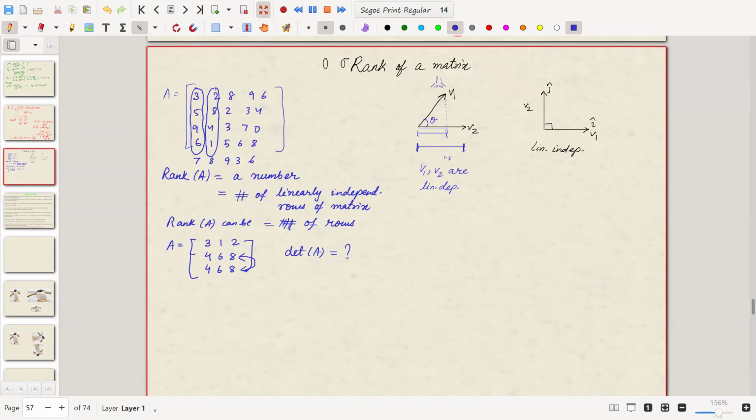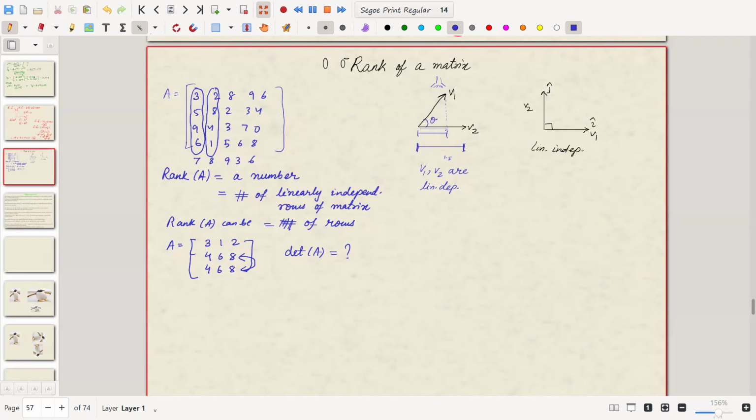Here the rank cannot be 3. The maximum value can be 3, but the actual value of the rank cannot be 3 because the two vectors are linearly dependent. Rank is the number of linearly independent rows, so the number of linearly independent rows cannot be 3 here, right? Because the two are already dependent. So it should be less than 3.